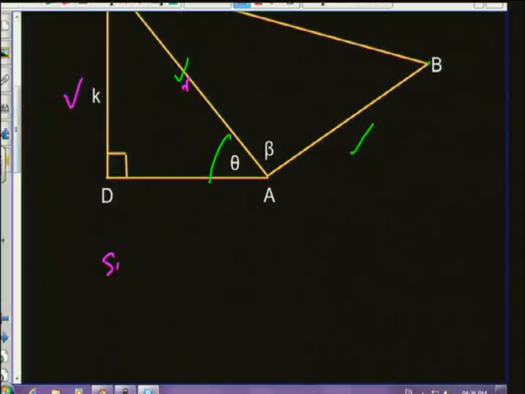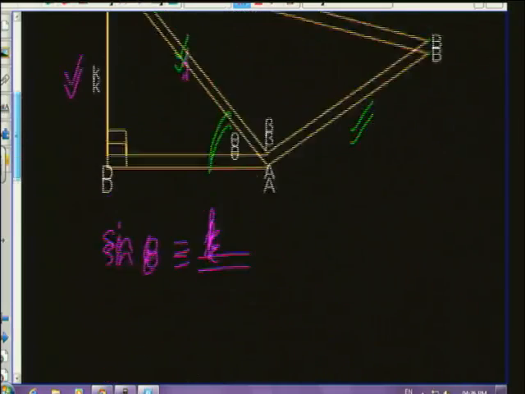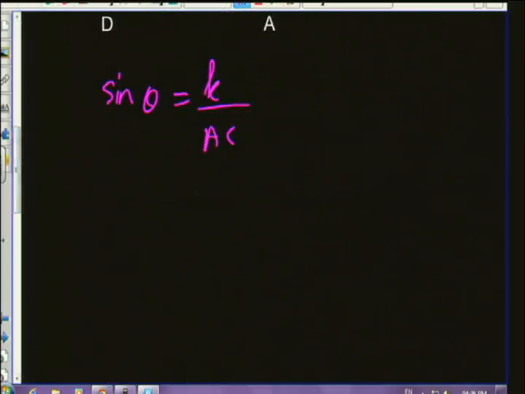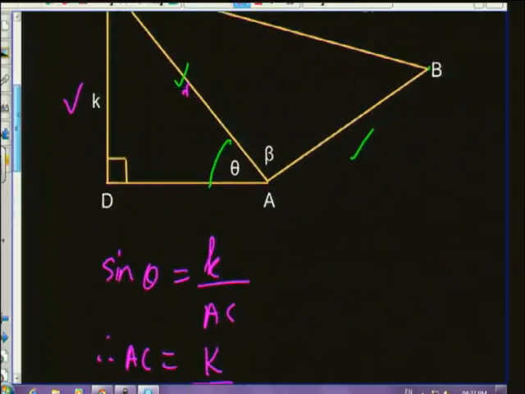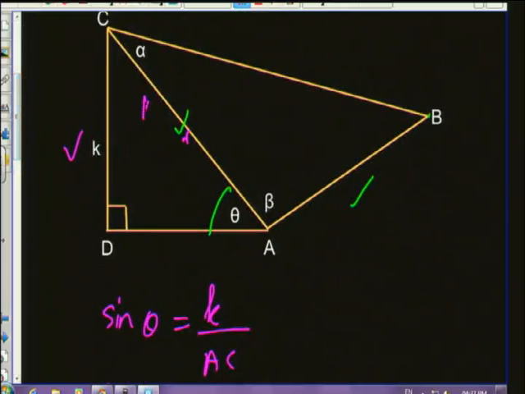So I will have sine of theta equals K divided by that AC. And therefore, AC is K divided by sine theta. Okay, now making AC the subject, I've got AC, which is K over sine theta.